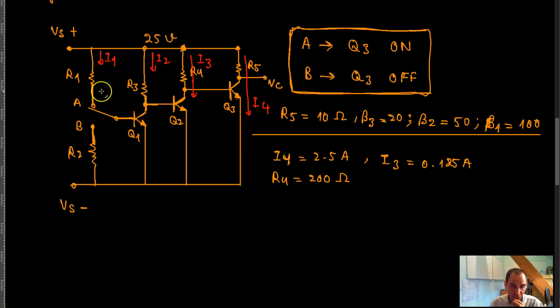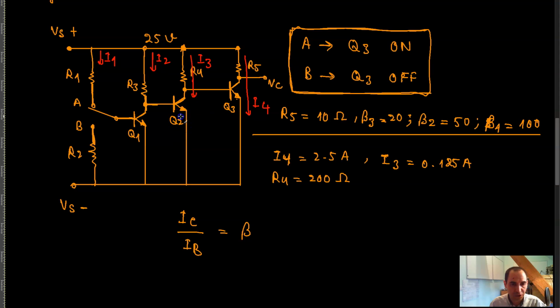So now we are moving in this direction towards the left, right? We cannot change this anymore. That means that this I3 that is 125 milliamp is the collector current of Q2, right? So now I can write that I of C over I of B is the same thing as beta for this transistor Q2, and I want to turn this on.